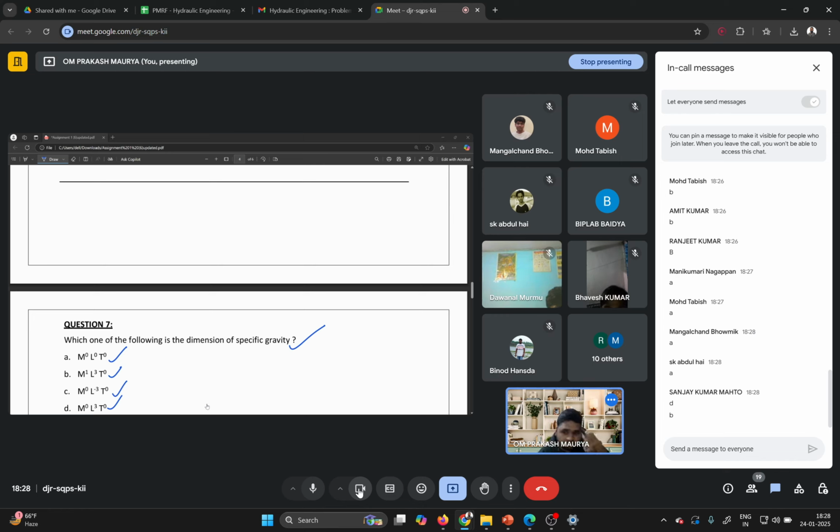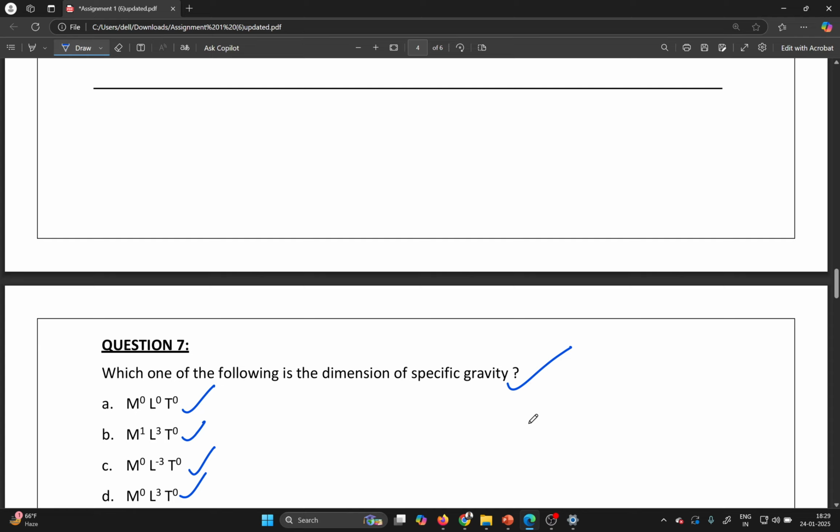Someone is telling option B, someone option A. Okay, so let me discuss. Specific gravity, from your very fundamentals, is the ratio of the density of something to the density of something else. I'll not discuss anything more here.